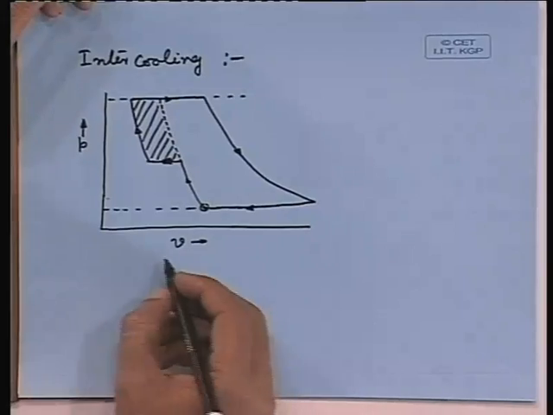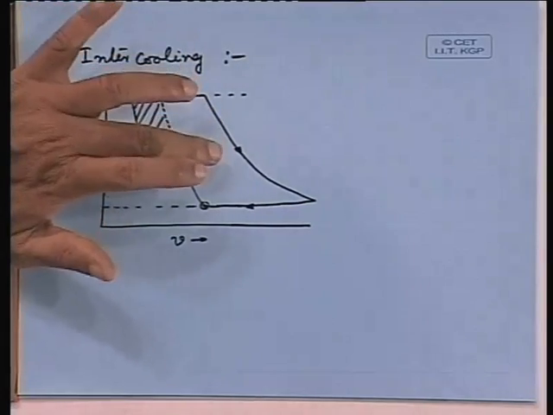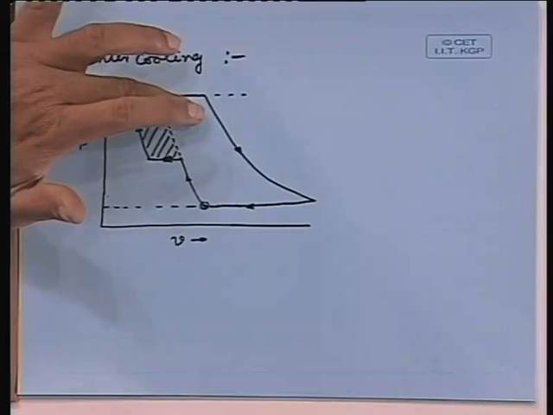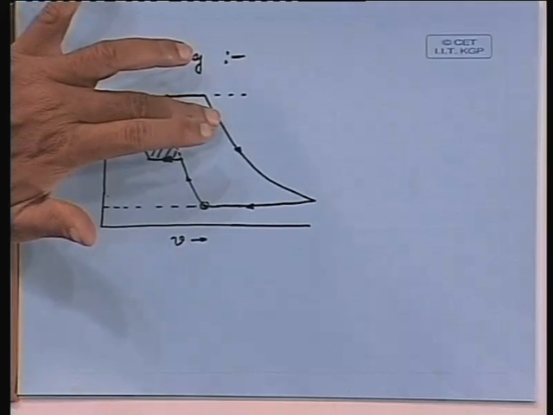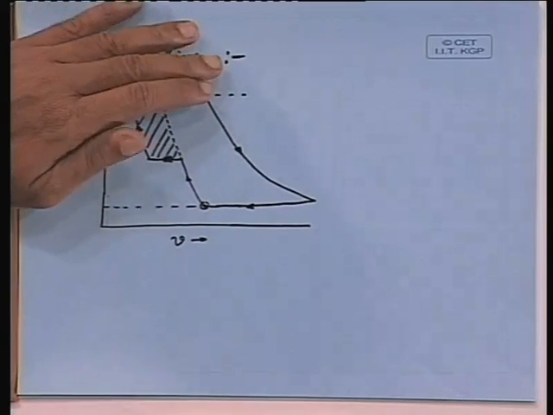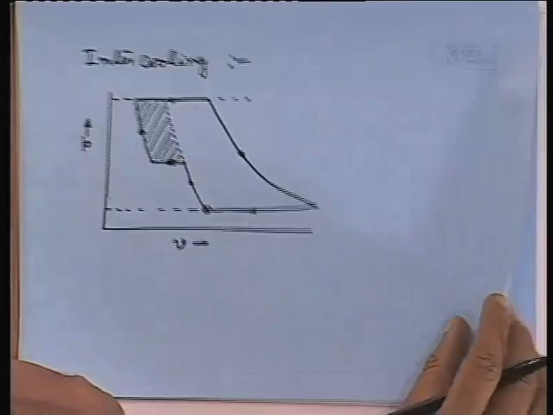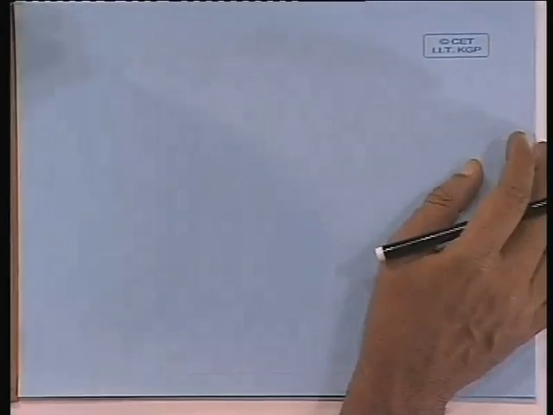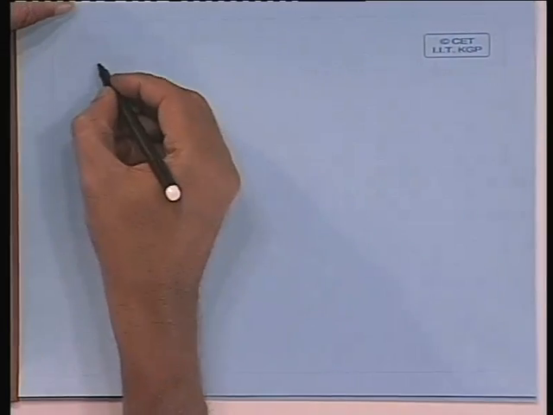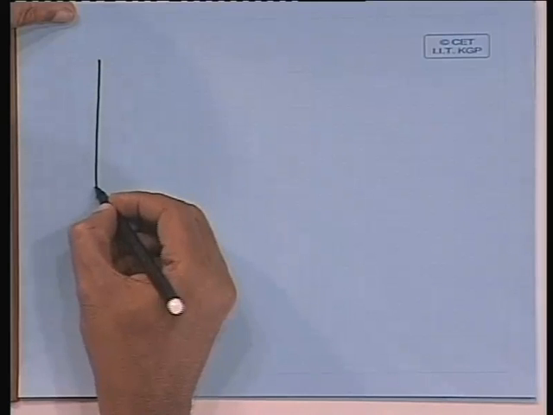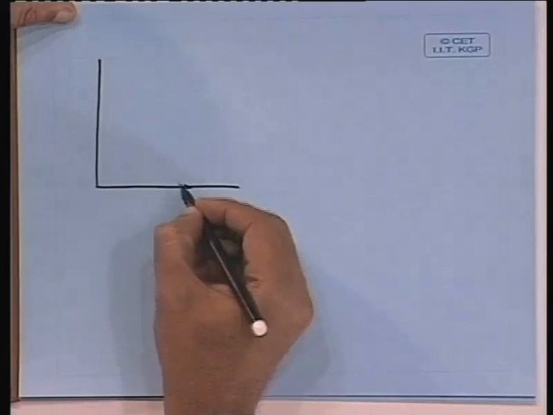Then similarly, one can have the expansion also in different stages. So, if we have expansion of high pressure, high temperature gas, let us draw the diagram, then it will be understandable. Let us draw without any intercooling.